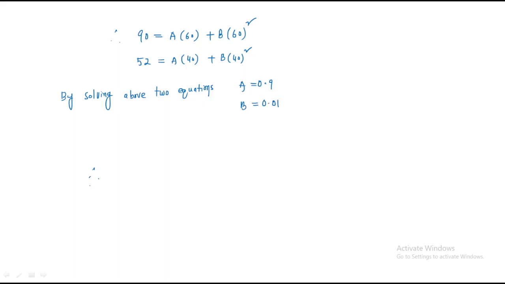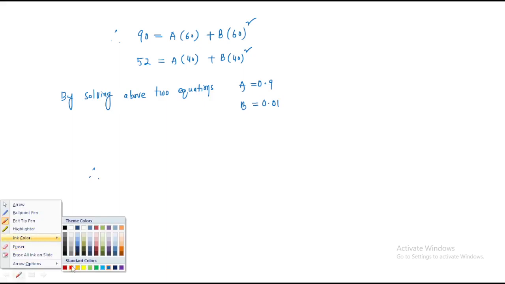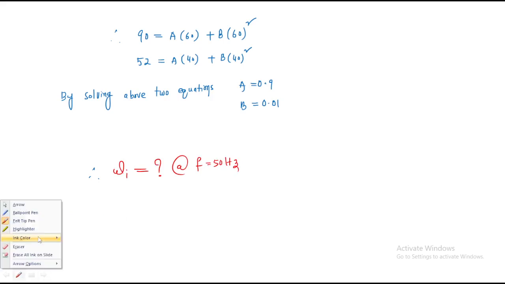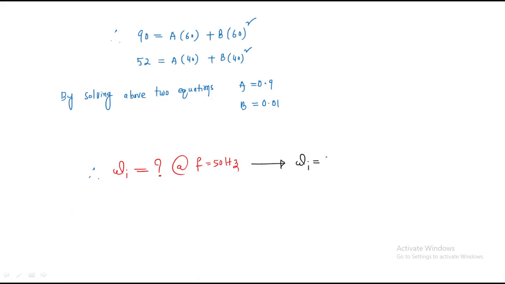Therefore, what is the required iron loss component at F equals 50 hertz? For this we have to calculate the iron loss component at 50 hertz. That is, iron loss component should be equal to AF plus BF square, right? What is the value of A? 0.9 into the frequency 50.